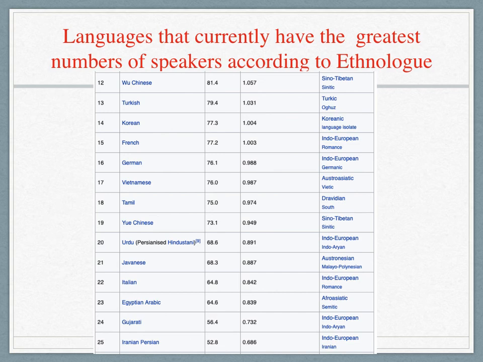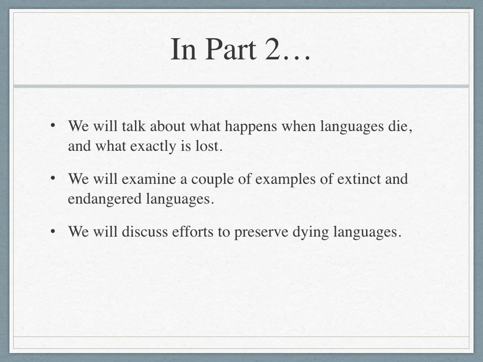Okay, and finally, just a preview of the next video in this series. Next, we'll talk about the other end of the spectrum, so endangered languages, languages for which we've documented the death or the disappearance, right? So we'll talk about what that process looks like, what are common reasons why languages die out, and what exactly is lost when languages are no longer spoken.